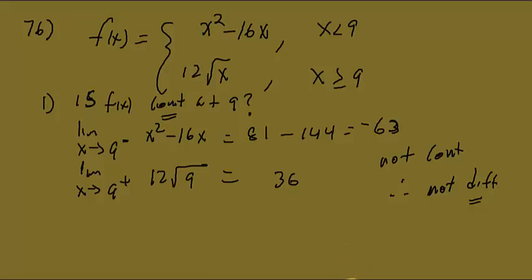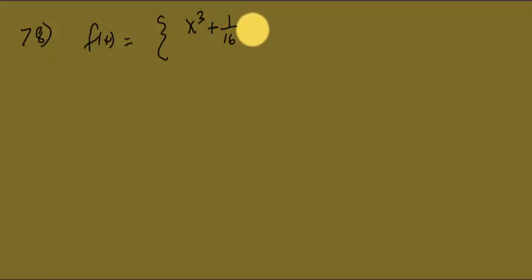Okay, now let's see if we can do another problem where the function is continuous and differentiable. So let's go to number 76. Better do one more, or 78. In this one, my f of x is x to the third plus 1/16 when x is less than 1/2, and then it is 3/4 x squared when x is greater than or equal to 1/2.